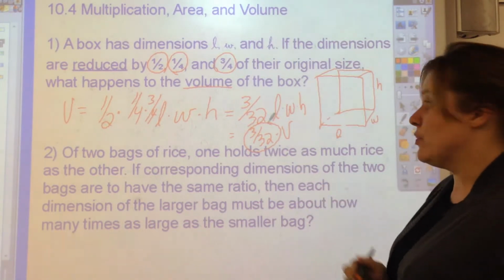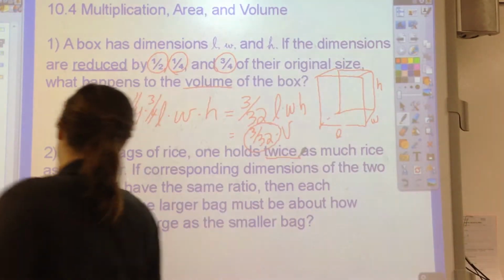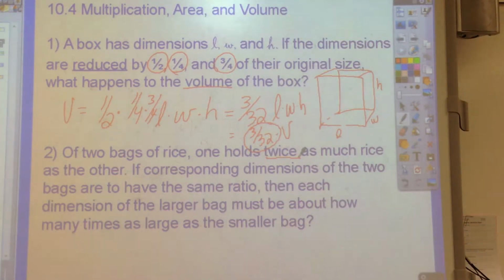Let's do another example. I've got 2 bags of rice, and one holds twice as much as the other. If the corresponding dimensions of the 2 bags are to have the same ratio, then the dimension of the larger bag must be how many times as large as the smaller bag.